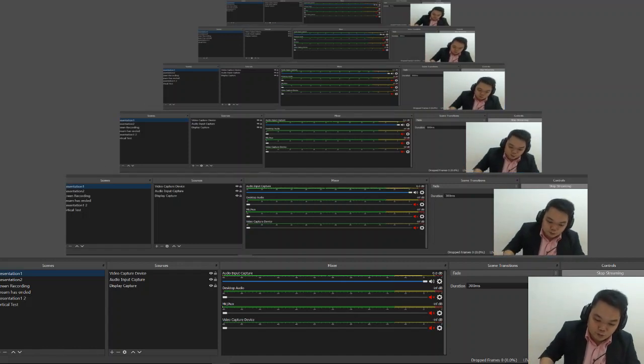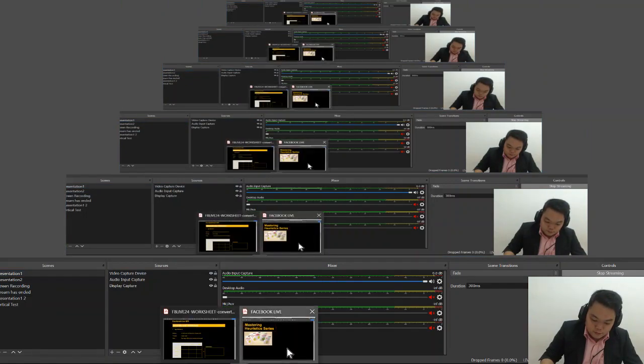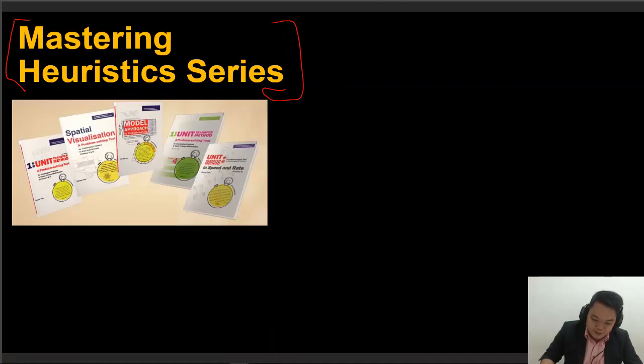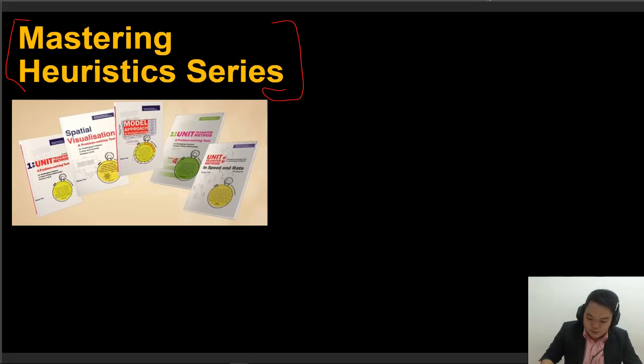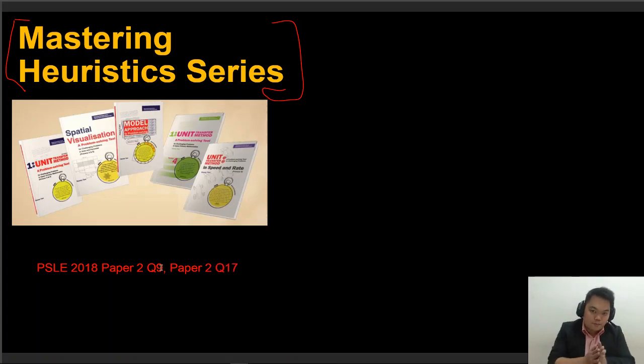One such problem is, I should say 2 such problems. If you don't believe me, you can go and check it out. Last year's PSLE, there are 2 questions. I think it's paper 2, question 9, and paper 2, question 17.